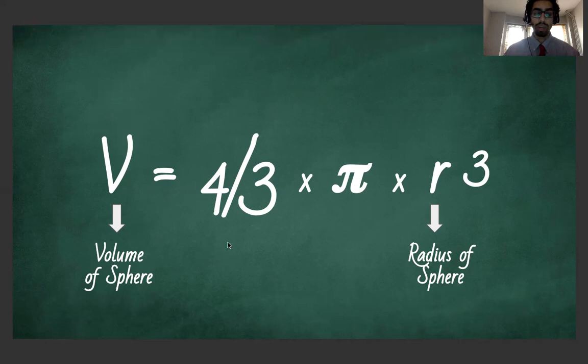Okay, so again, 4/3 times pi times the radius cubed. For those of us who are a little bit confused or need a refresher on what this cube means, that just means we're multiplying the radius by itself 3 times. So r times r times r.